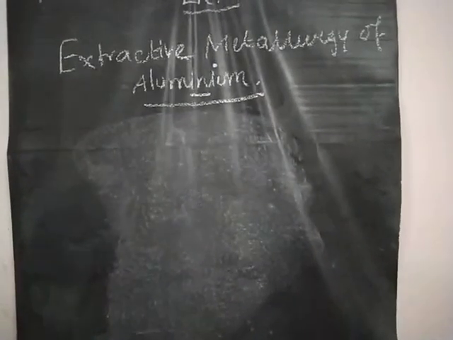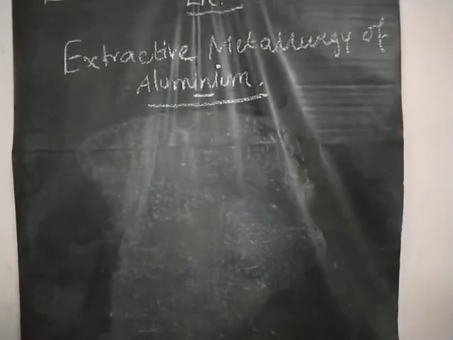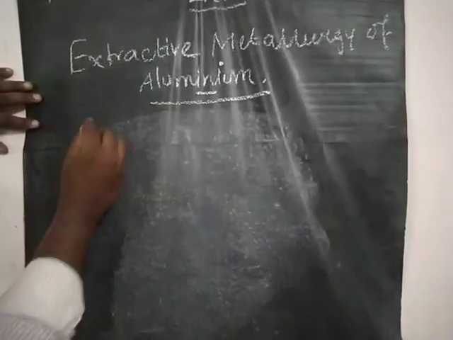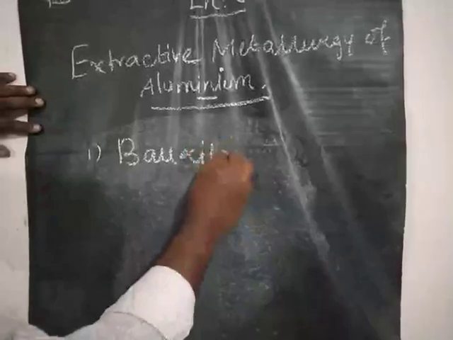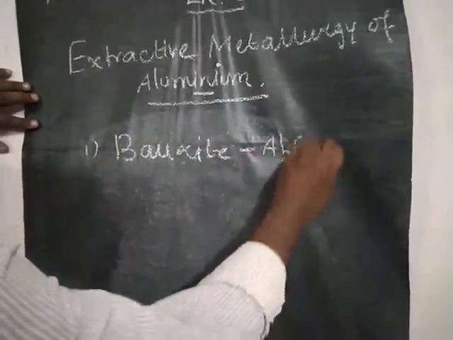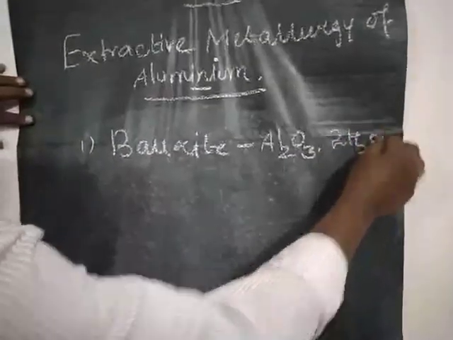The important ores of aluminium, three ores are given in our textbook. First one, bauxite. What is the chemical formula? Al2O3.2H2O.